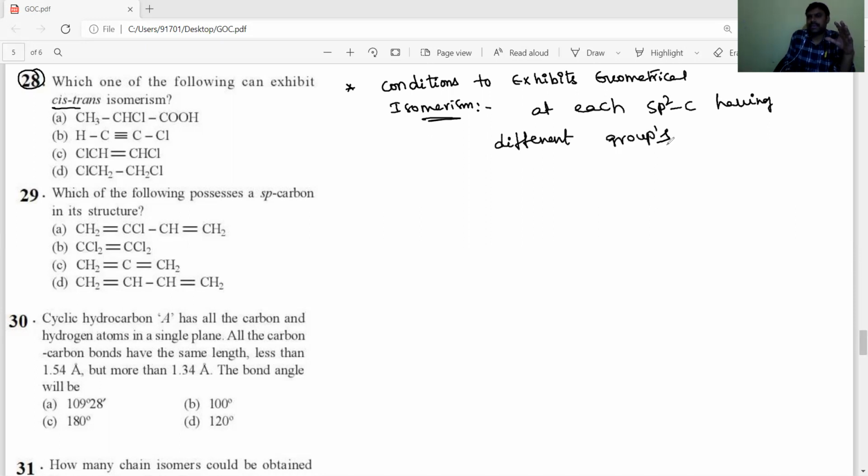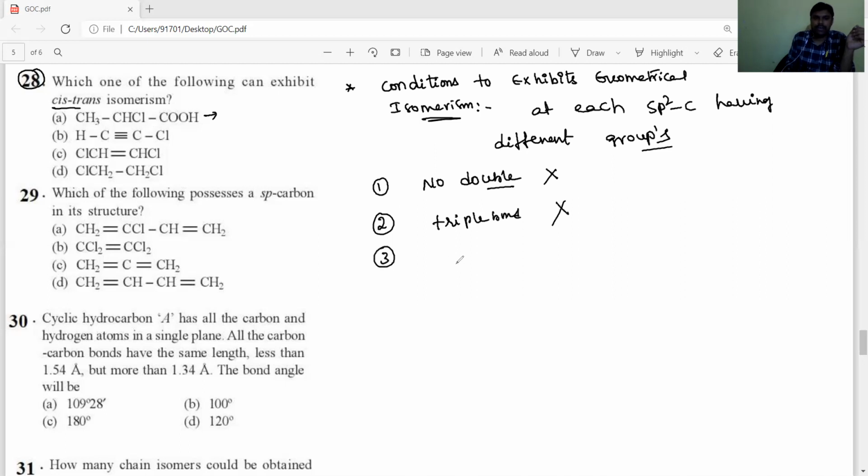Let's see the first one. There is no double bond, that's why it does not exhibit. Now the second has a triple bond, that's why it does not exhibit.